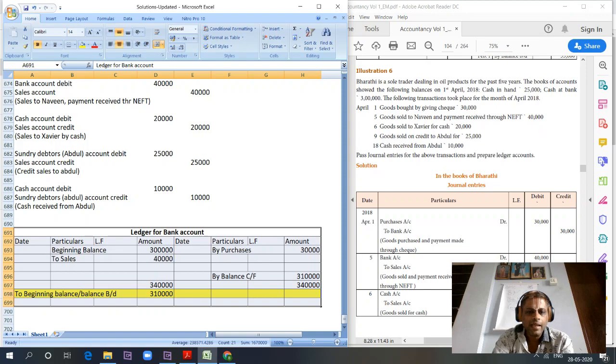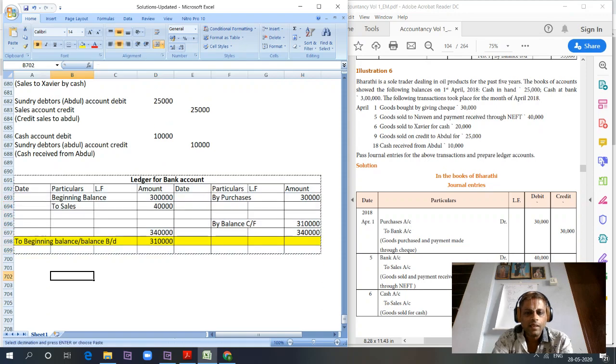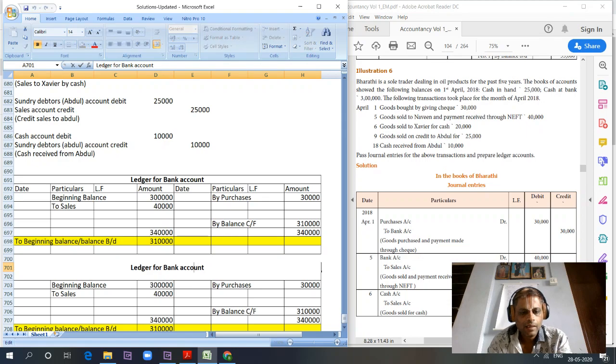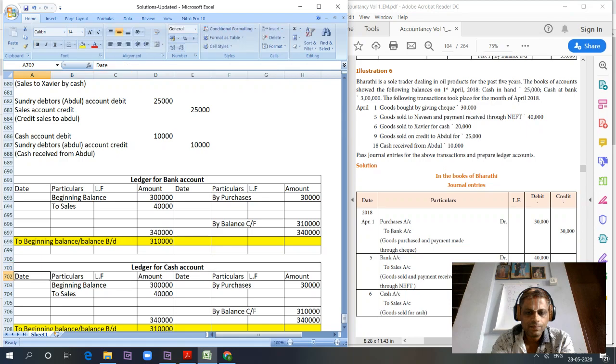Let's put a ledger for cash. Ledger for cash account. Beginning balance is 25,000.